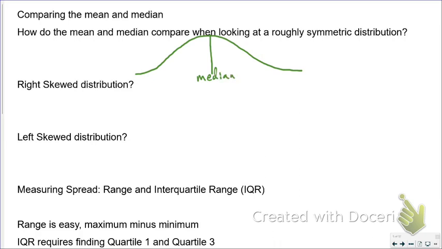And no outliers are pulling the mean. This thing is equivalent above and below. So the mean is roughly the same as the median. You know that the mean is approximately equal to the median in a symmetric distribution.